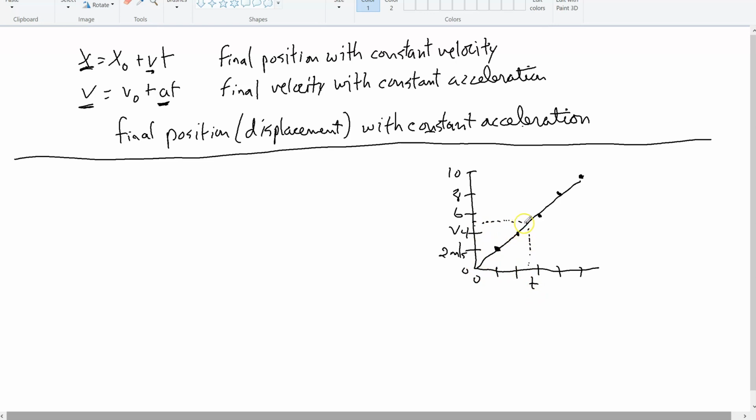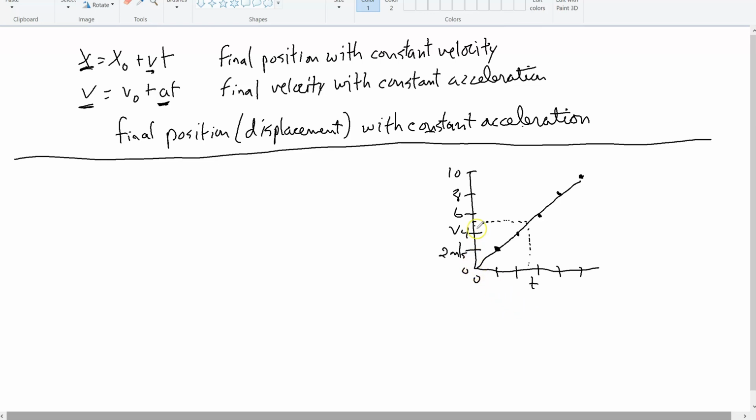For half of the time, I would be going less than 5 meters per second. For the other half of the time, I would be going greater than 5 meters per second by the same amount. So just by looking at this graph, I can tell that it's going to be like I was going 5 meters per second the entire time. Okay, and that would be my average velocity for that time.